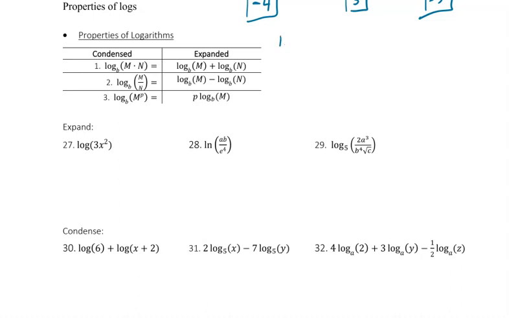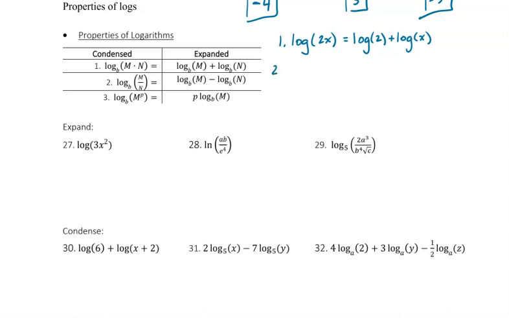Okay. So for number 1, that's like if we say log of 2x, we can rewrite that as log of 2 plus log of x. All right, so they each get their own log and they're added.